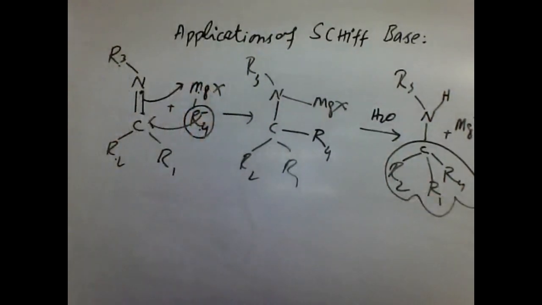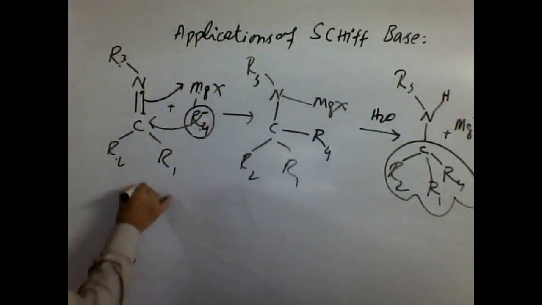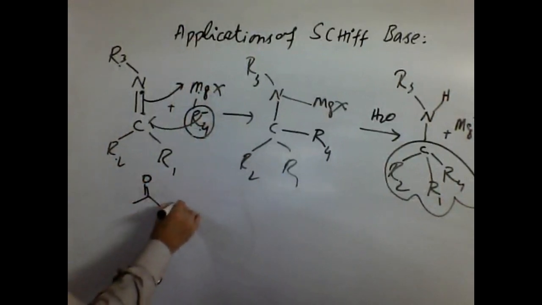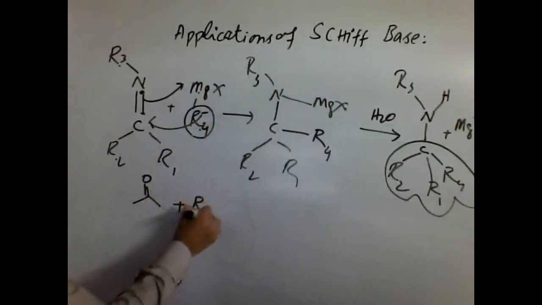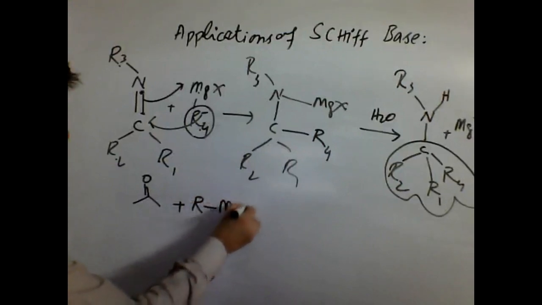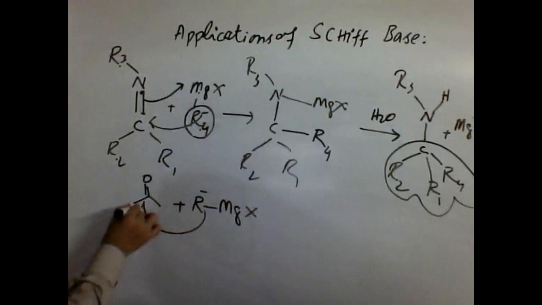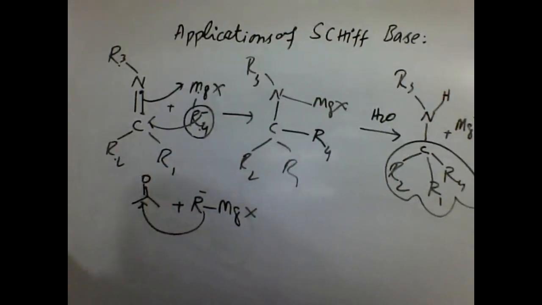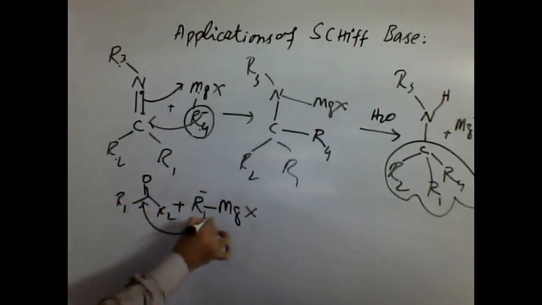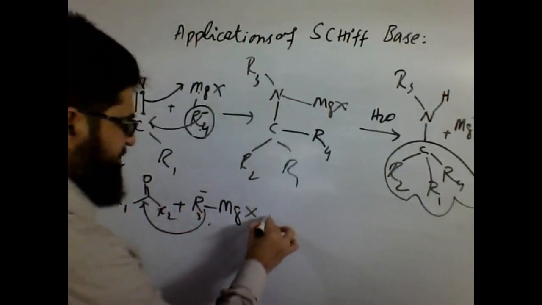Some students do ask me about reacting aldehydes and ketones with Grignard reagents as well. In this case, this negative R also reacts with the carbonyl carbon because it's a nucleophile. As I've told you, aldehydes and ketones do react with nucleophiles. So let me write R1, R2, and then we have this one as R3.